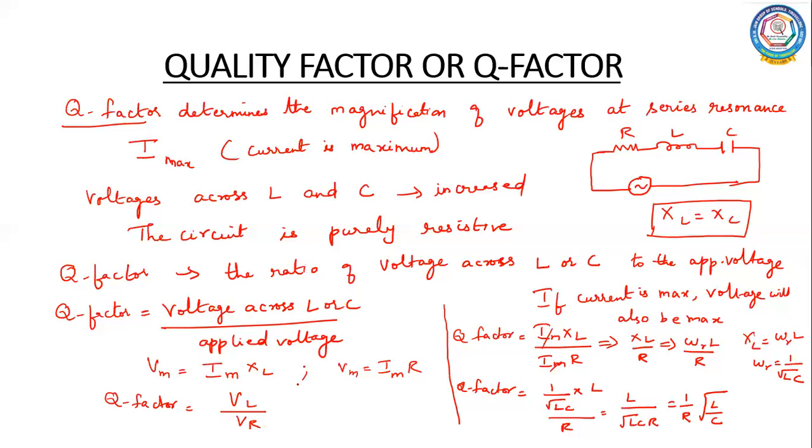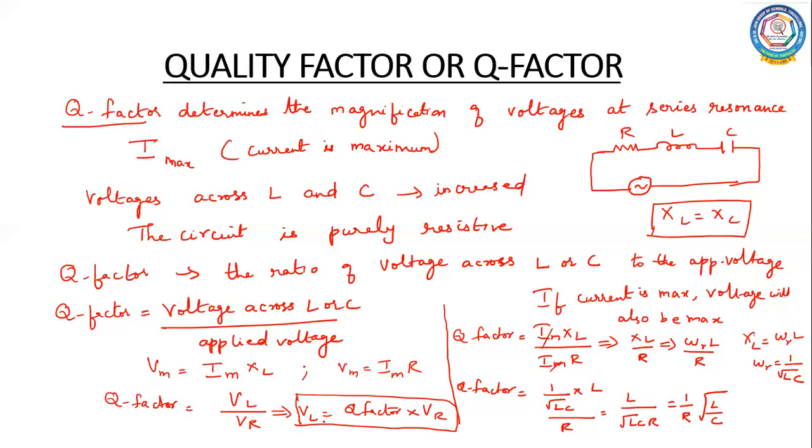Now this is also equal to this, as I already told you. Now what will be the value of VL? VL will be Q factor times VR. Look at the last sentence in your textbook. Now this is the explanation for that sentence.